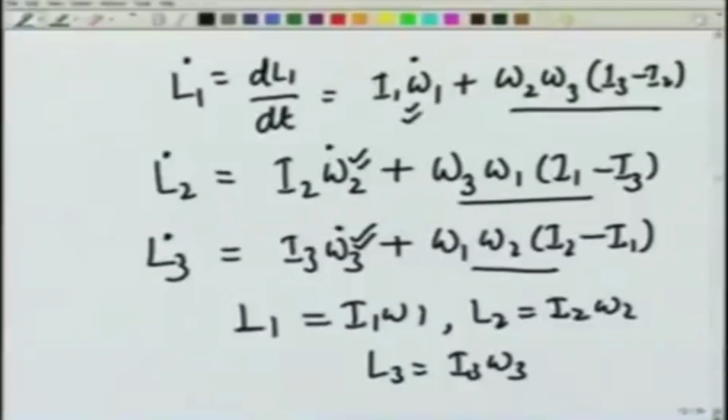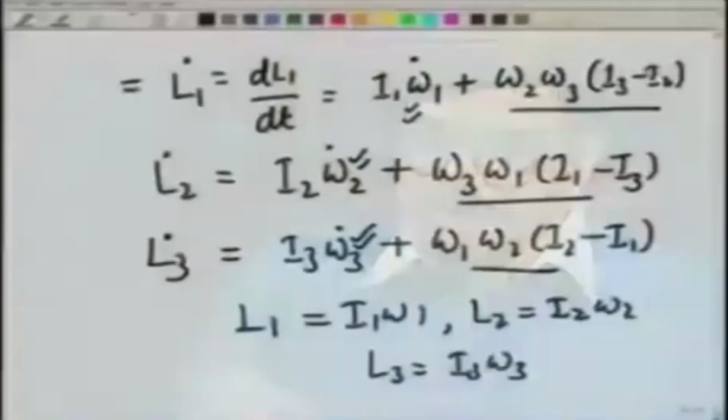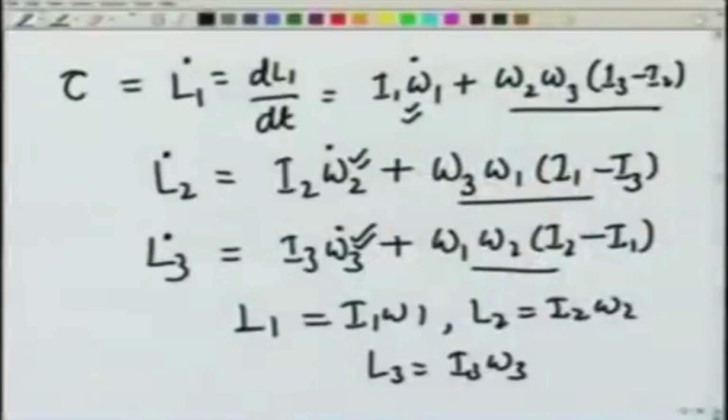The net is the sum of these two, and therefore this is how the components of angular momentum along the 3 axes change. This obviously then must be equal to the component of torque along principal axis 1, this must be component of torque along principal axis 2, and this must be component of torque along principal axis 3.